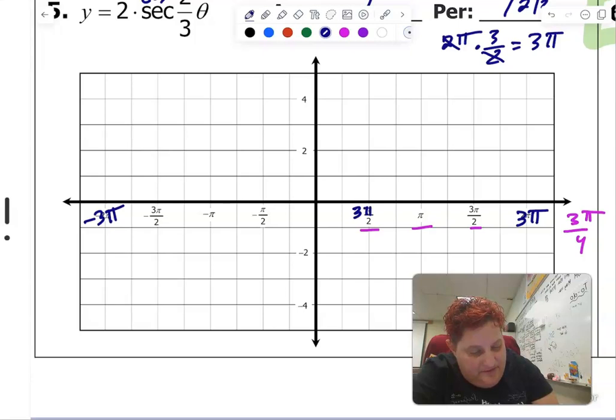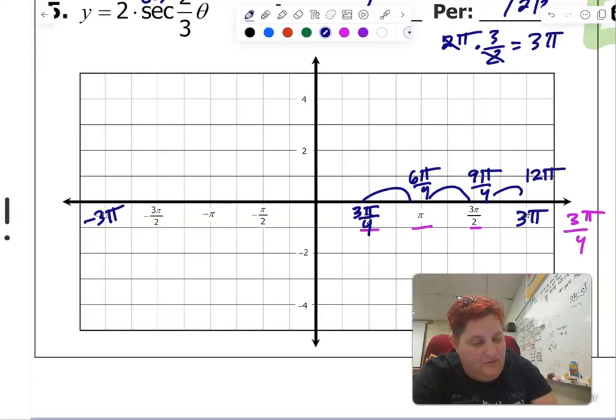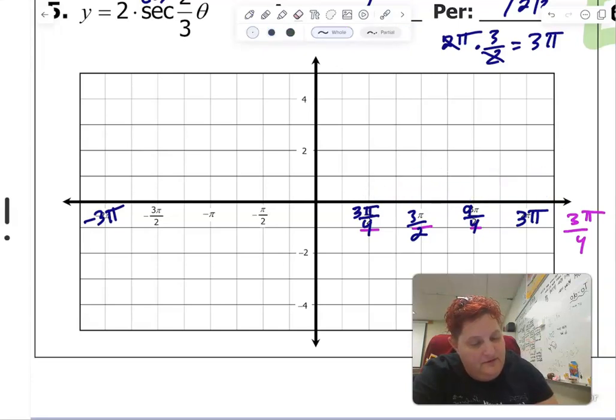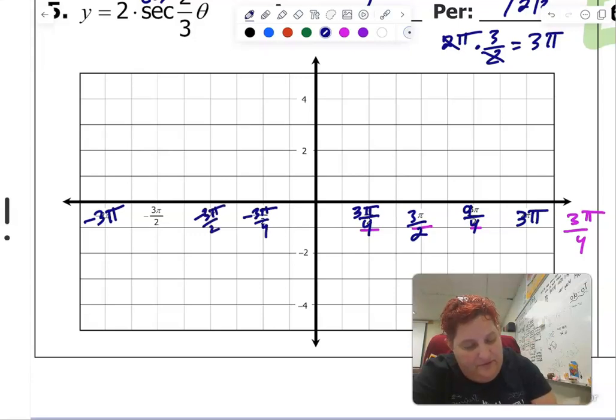So this is 3 pi over 4. Add that to itself again, that's going to be 6 pi over 4. Add it again, 9 pi over 4. Add it again, 12 pi over 4. And then reduce it. So that's 3 pi over 2. That one does not reduce, so it's 9 pi over 4. And then 12 pi over 4 is 3 pi. Okay, so we get all the way through there. Perfect. We just copy it on the left. Negative 3 pi over 4, negative 3 pi over 2, negative 9 pi over 4, and then negative 3 pi.